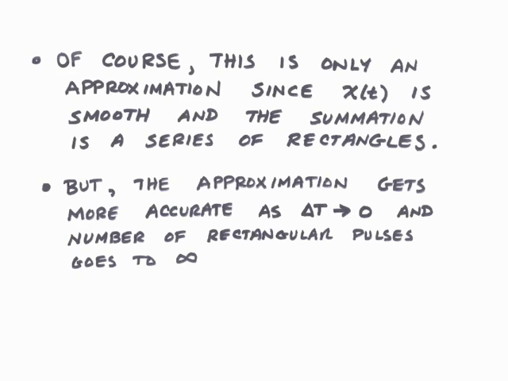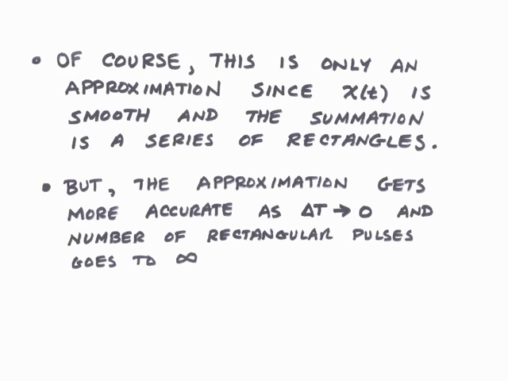We have only approximated x of t. x of t might be smooth, but we've approximated by a series of rectangular pulses. So of course the answer we're finding here for y of t is the response to this non-smooth x of t. So this brings up the question of how do we find the response, the true response, to the real x of t?